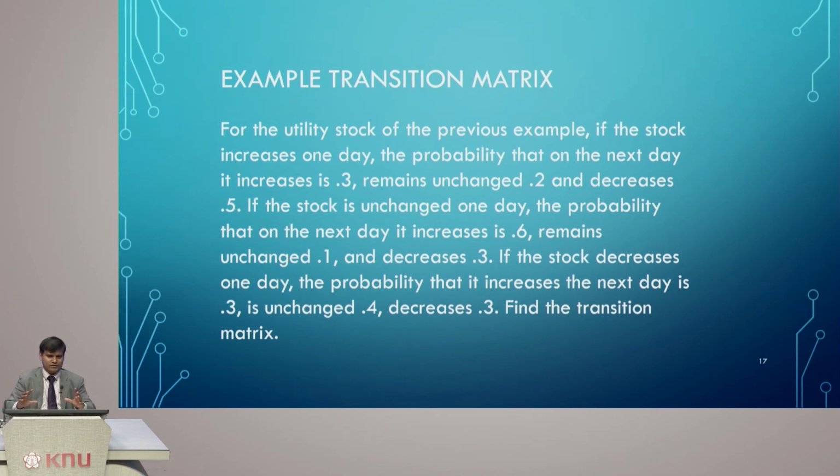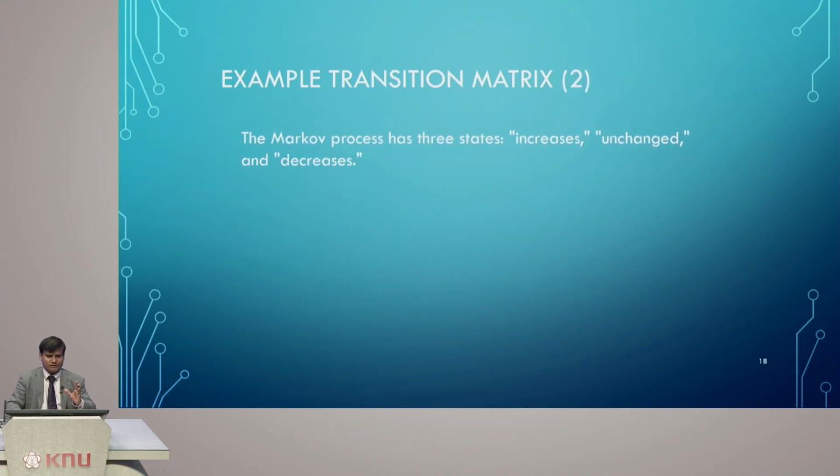Based on the given data, let us try to build up this transition matrix. So can you quickly recall what was given to us? Let us see pictorially what is given to us first. We are given 3 states: increase, decrease, and unchanged.